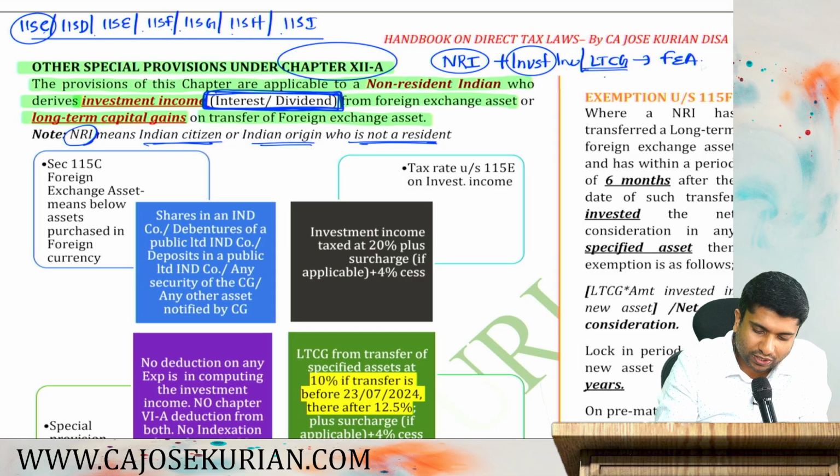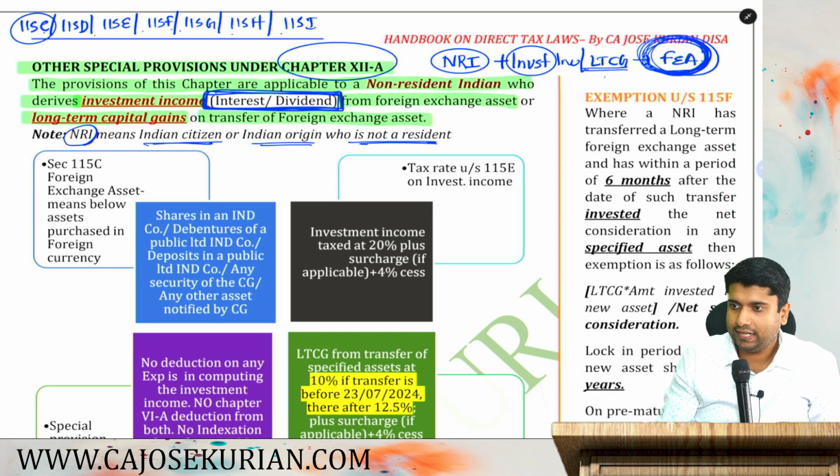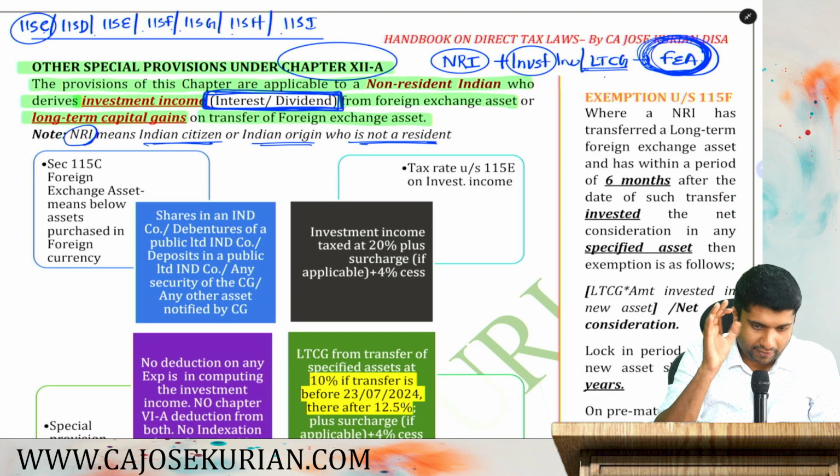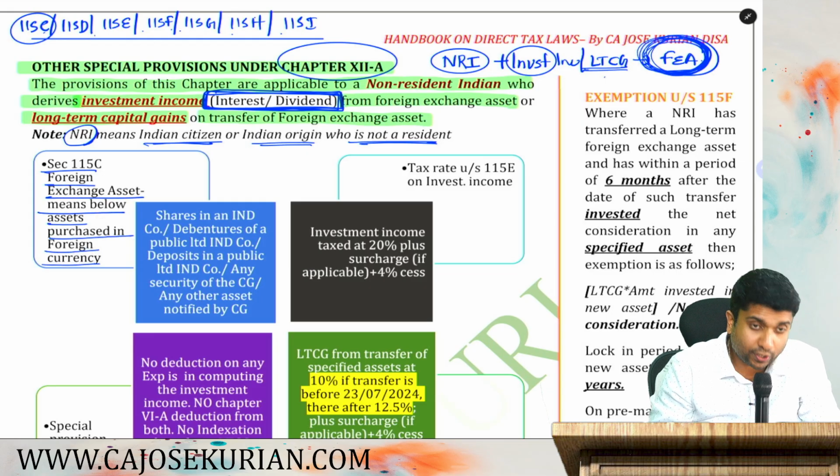Now the question is, what is a foreign exchange asset? We are about to discuss that right now. Please listen. A foreign exchange asset means the below assets which are purchased in foreign currency.